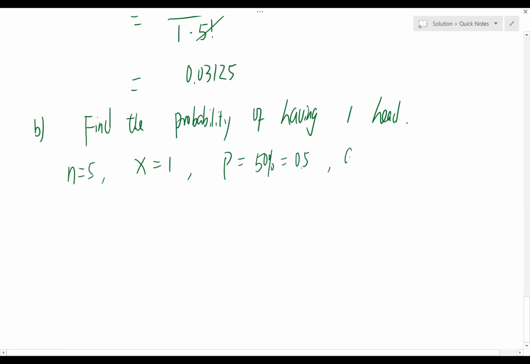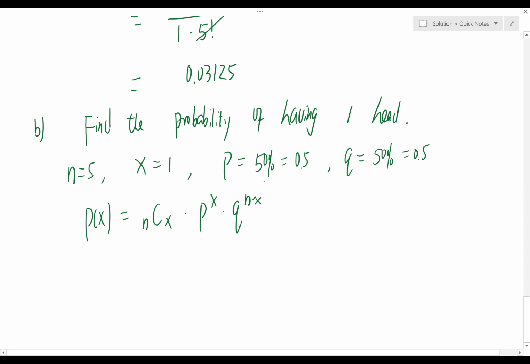And then probability of failure, probability of getting a tail, it's also 50%, 0.5. So now again, we apply the formula. So now I'm gonna use an alternative form of formula. So P of X equal to nCx, right? So we're using combination here, and p to the x and q to the n minus x.